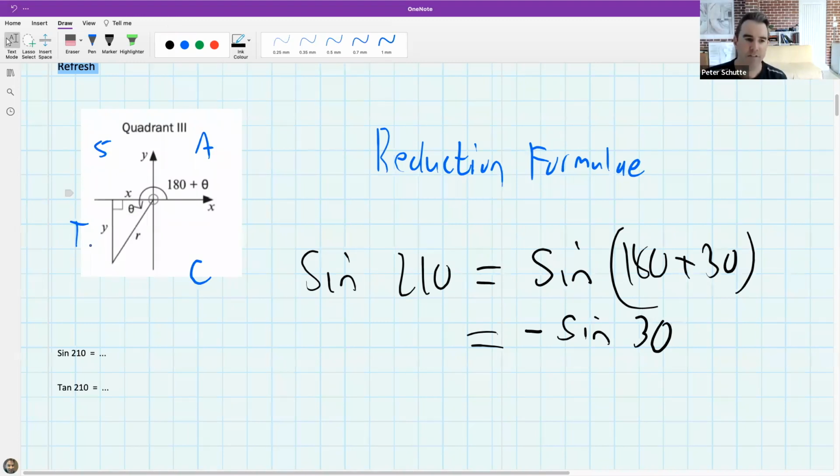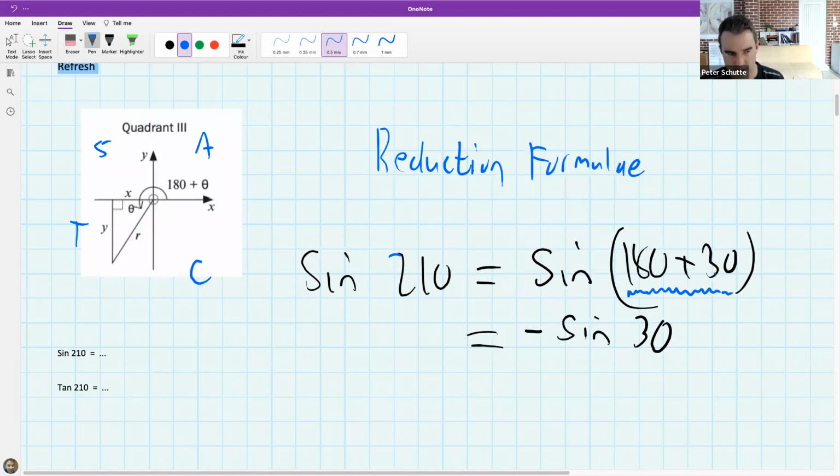So if we think about this, there's a couple of different ways we can do it. But one of the things that we did was that we said, if you think about reducing 210, an important thing to say is in quadrant 3, all angles will have the form 180 plus theta. And so we can rewrite 210 as 180 plus 30.